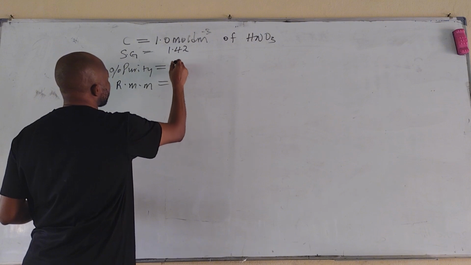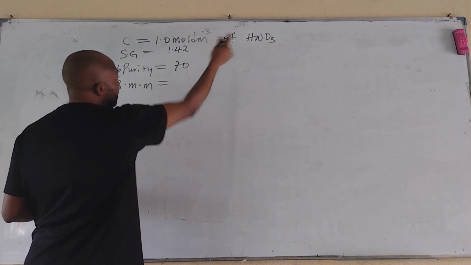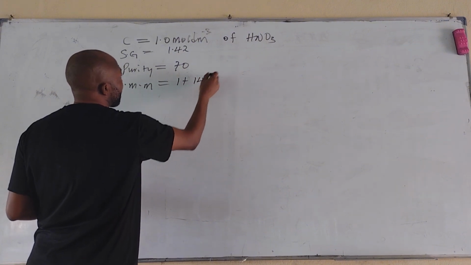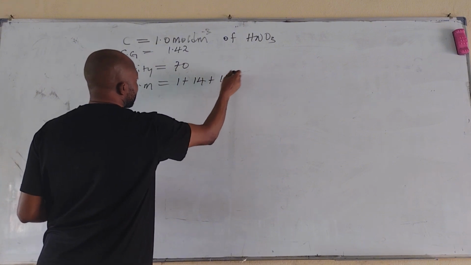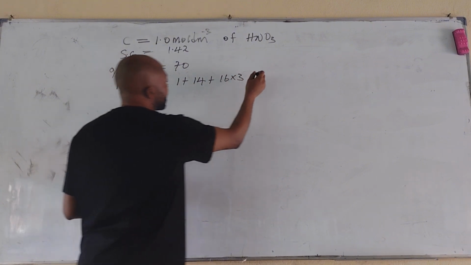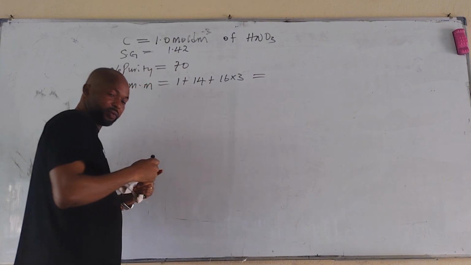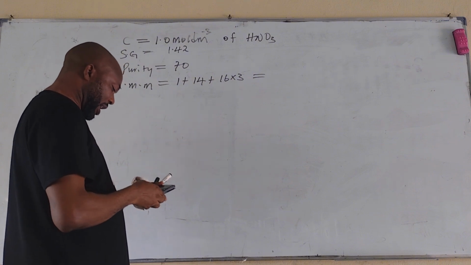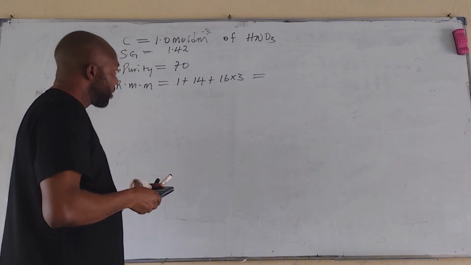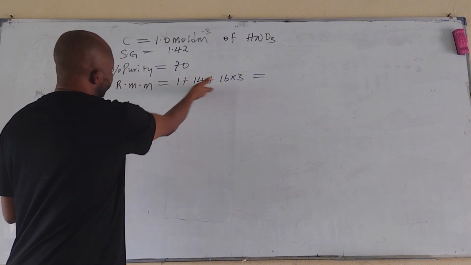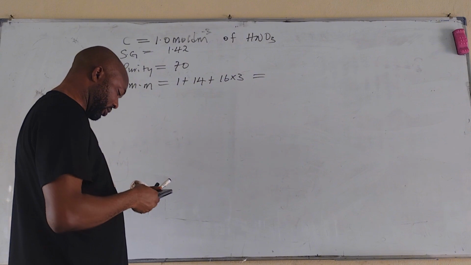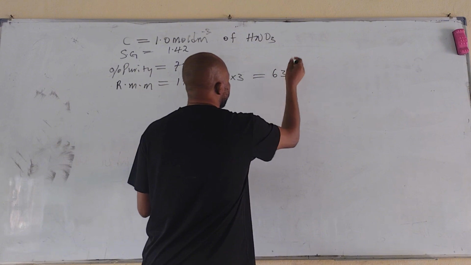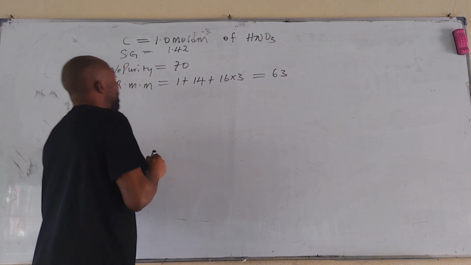Relative molecular mass of this: hydrogen is 1, plus nitrogen is 14, plus oxygen is 16 times 3, which is 48, plus 15 gives me 63. So 63 g/mole is the relative molecular mass.